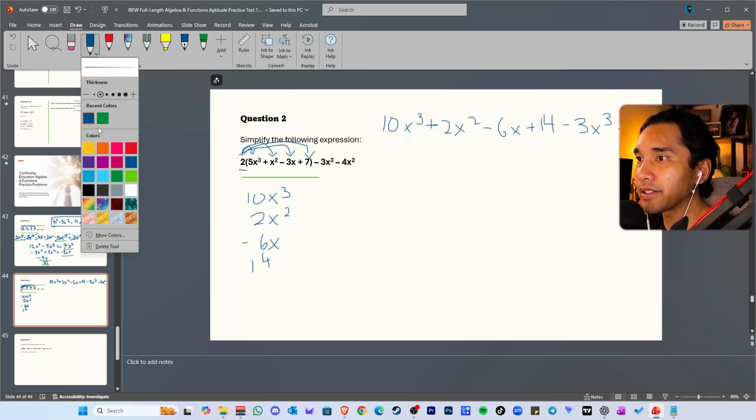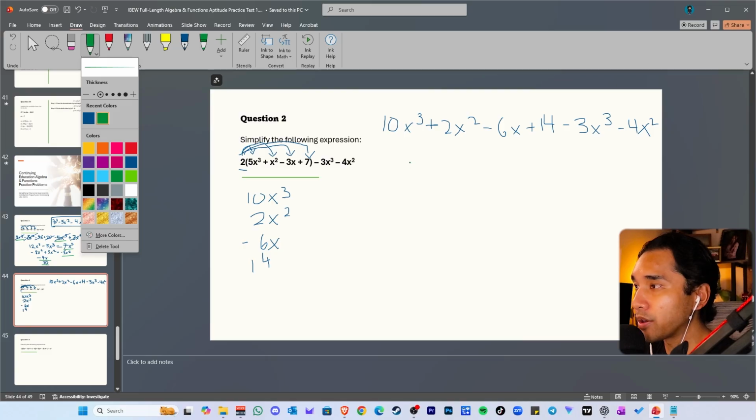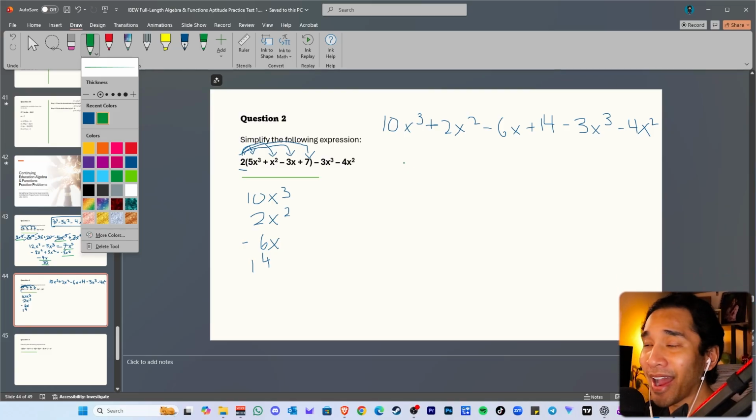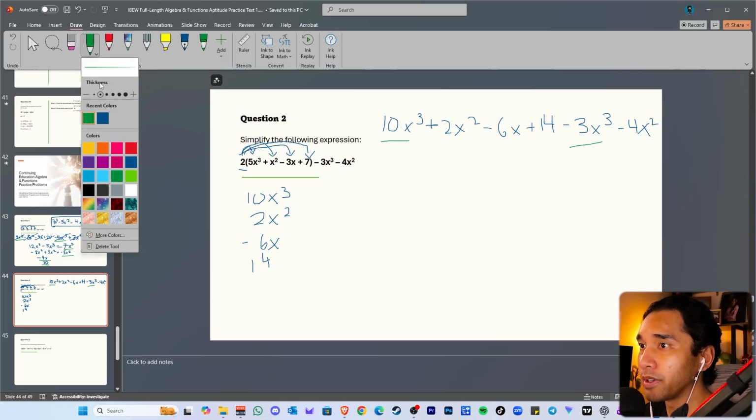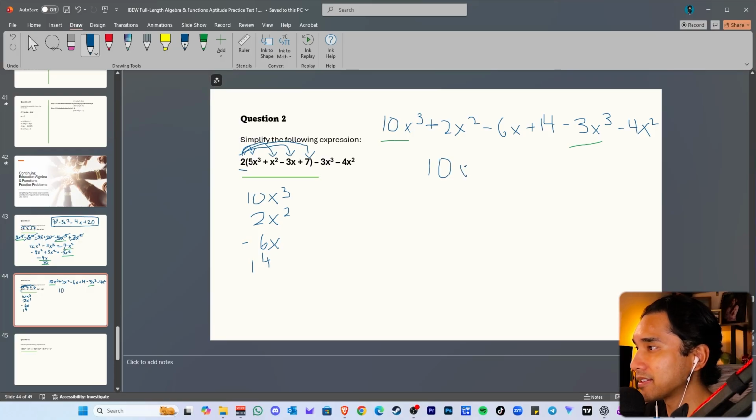What are the like terms that we could add or subtract together, or combine together? I got to use that word. That is 10x cubed and minus 3x cubed. So I'm going to write this down right now, but again, you're going to have to do it in your head mentally, okay? 10x cubed minus 3x cubed.